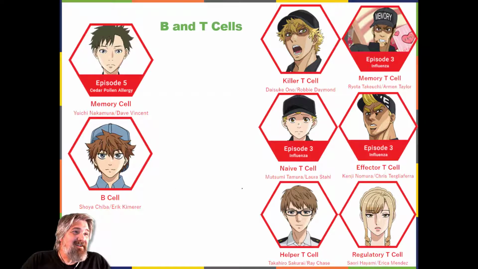So we only saw, unless I missed something later on, a couple of memory cells. We had the memory B cell, and then the B cell itself. This is the one that was shooting antibody all over the place. And now for T cells, we have a collection of them here: the killer, memory, naive, effector, helper, regulatory T cell.